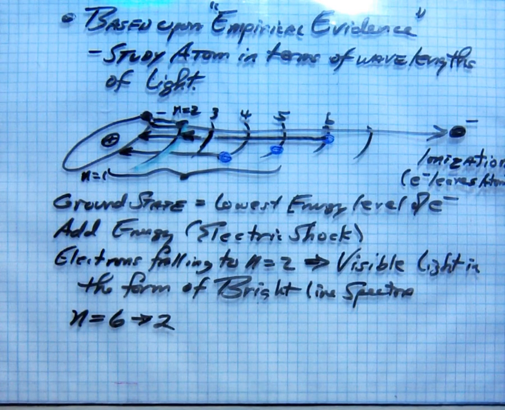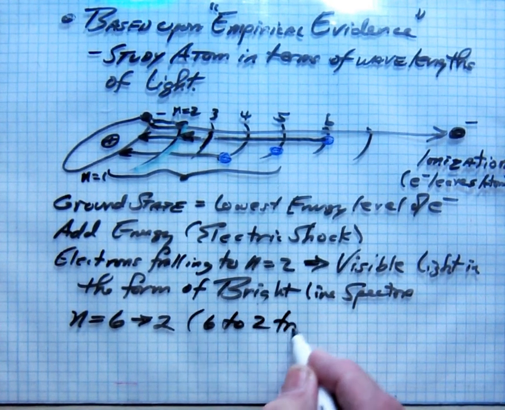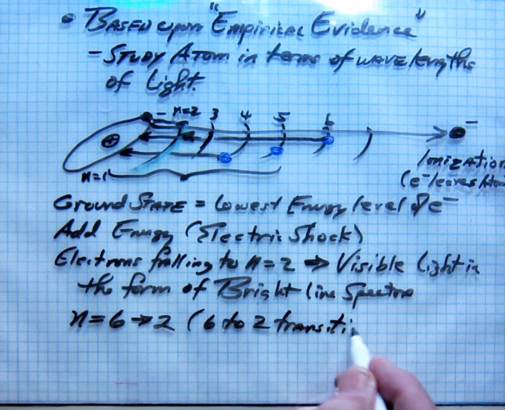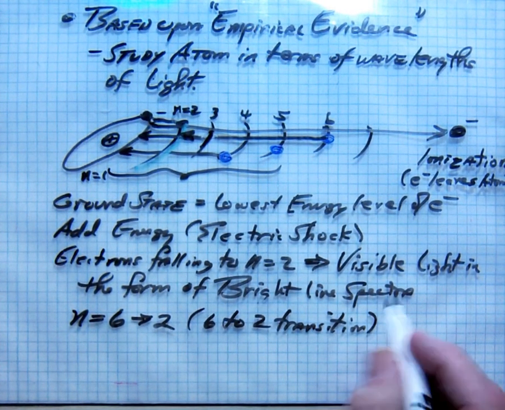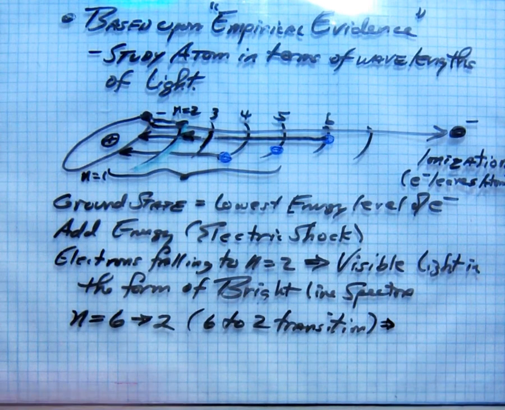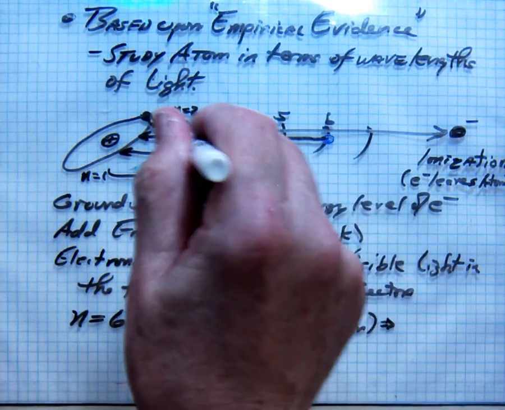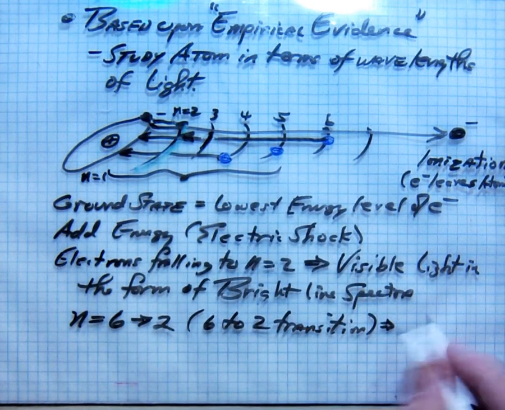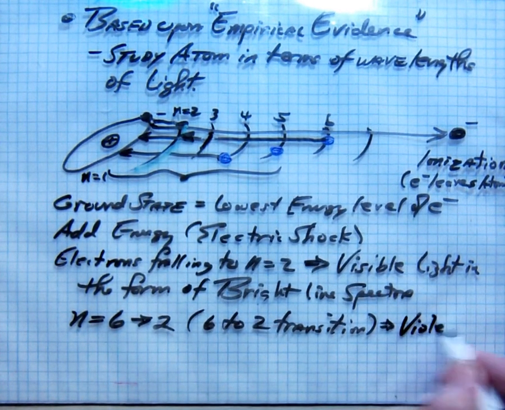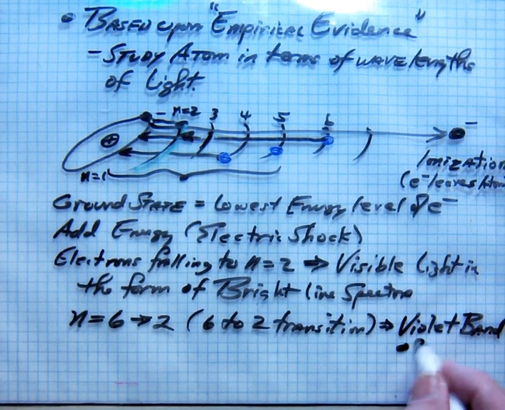That's what we call it, electron transition. What it will do is give off some 1, 2, 3, 4. It gives off a violet band of light.